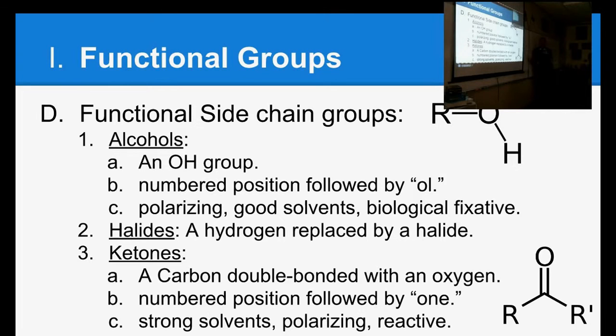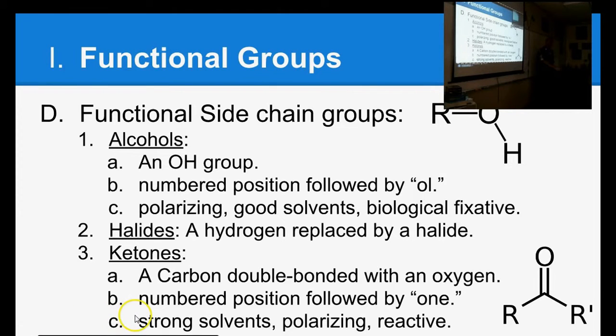So if this is butane, if it has 4 carbons, and on the second carbon it had a double bond to an oxygen, then that would be 2-butanone, or butan-2-one if you had other numbers that you needed to worry about. And so that tells you that on the second carbon there's a double bonded oxygen.